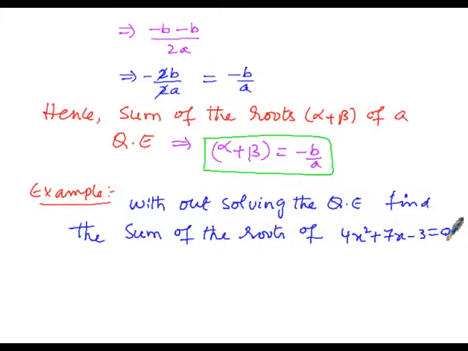Here the quadratic equation which is given is 4x square plus 7x minus 3 equals 0. The solution starts now.